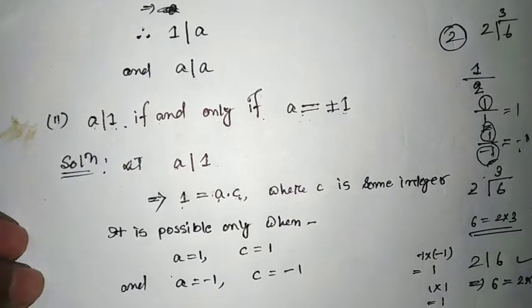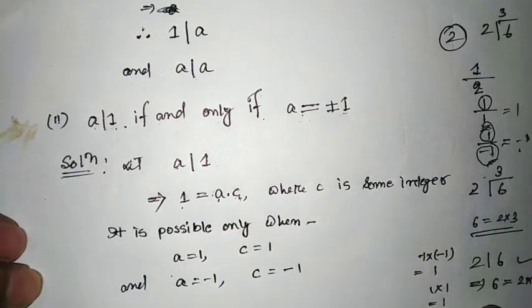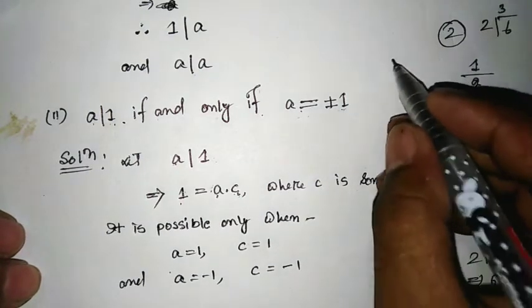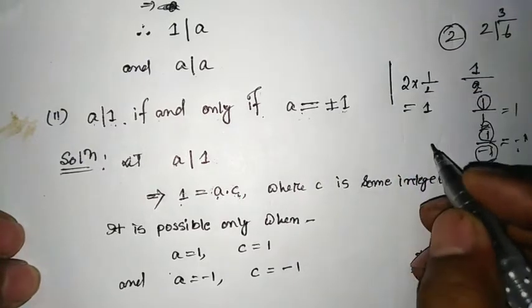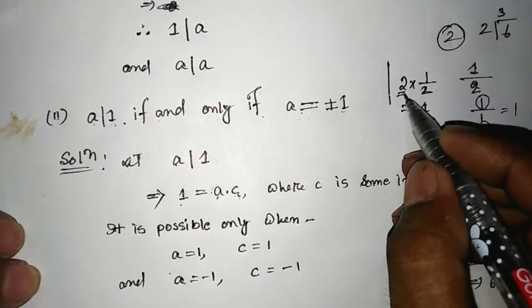That means if we put a as 1 and c as 1, then 1 into 1 is 1, and if the value of a is minus 1 and c is minus 1, minus 1 into minus 1 is also 1. So in these two cases, this equation is possible.